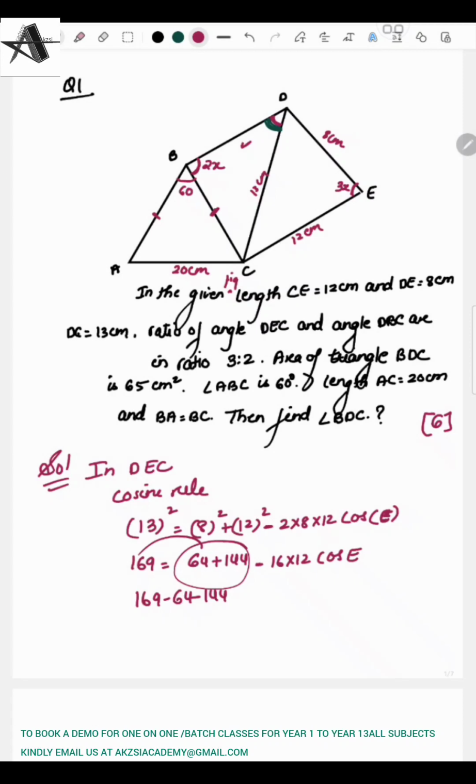I brought these two to this side, equal to negative 16 into 12 into cos E.